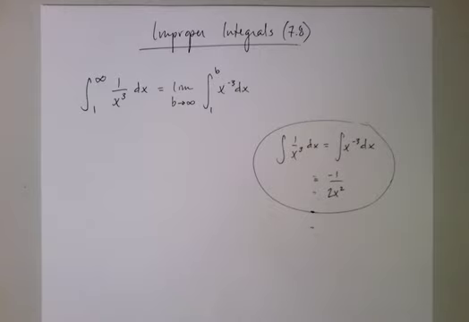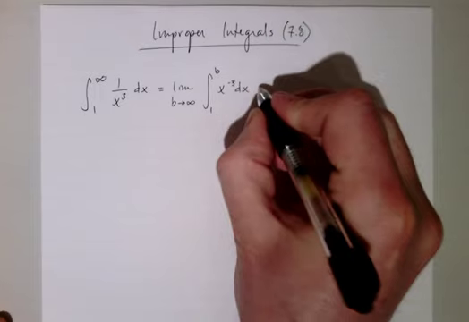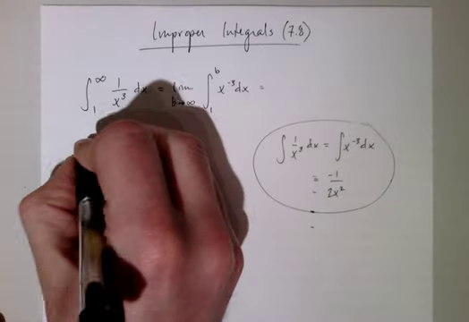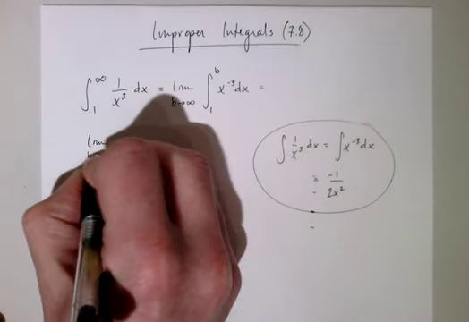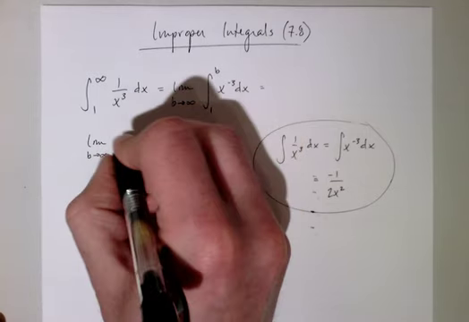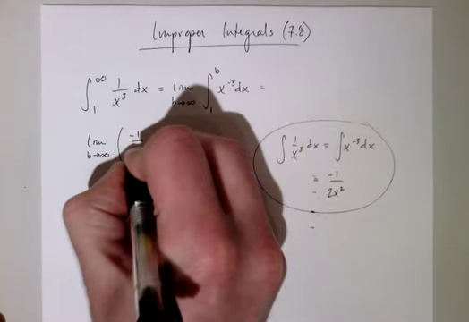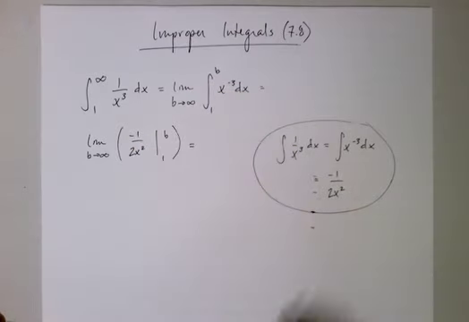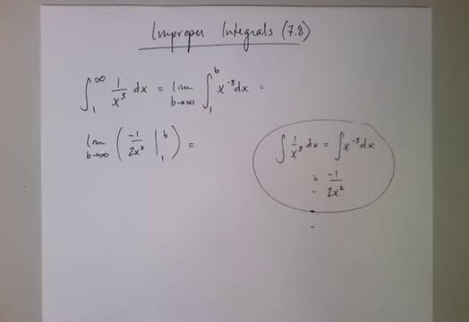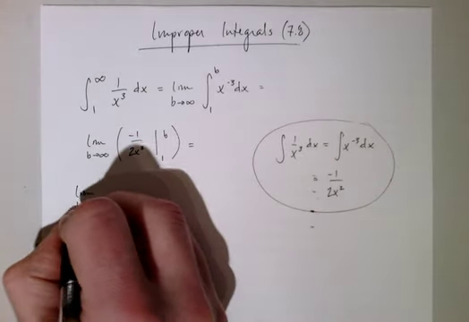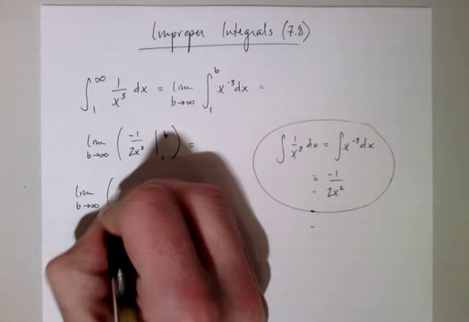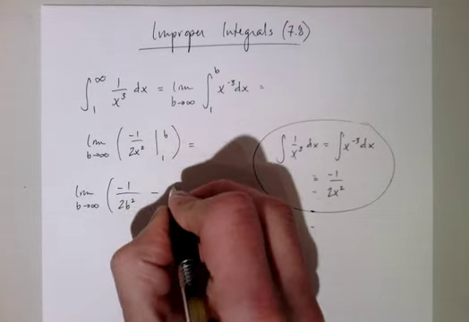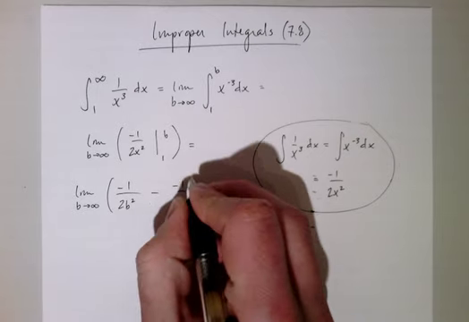I'm basically getting around the idea that I can't use infinity when I'm dealing with mathematics of equality, and instead I'm using mathematics of approach to get around that problem. Okay? So if I evaluate that, and I've already done the integration from 1 to b, I'm going to get negative 1 over 2b squared minus a negative 1 over 2.